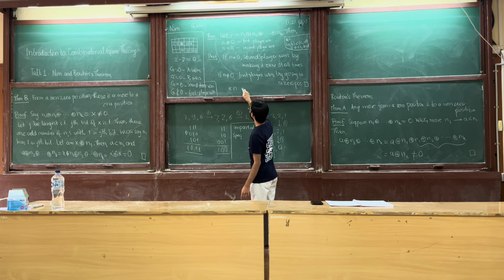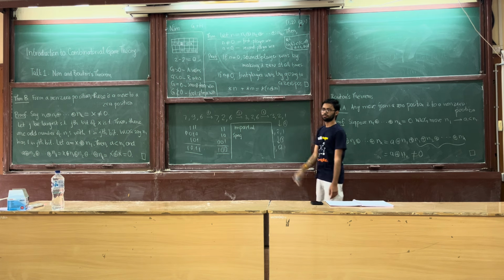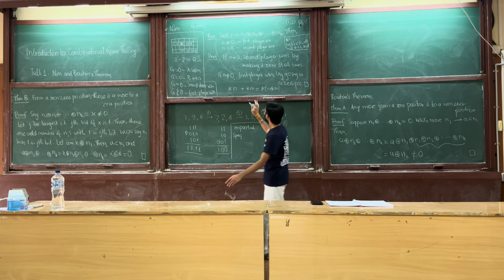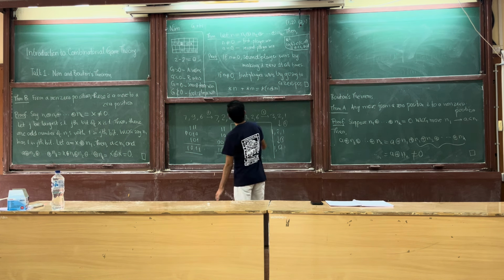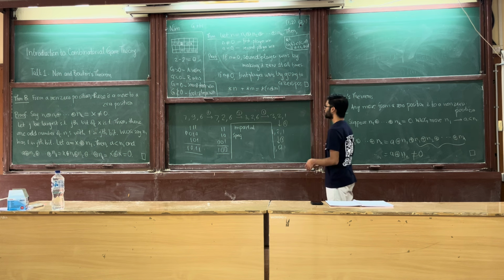Whatever we define addition to be, this won't be star n plus n, but it will instead be this. And this will make more sense in the next talk if you come. For now, all that matters is star n is the value to a position with Nim value n.